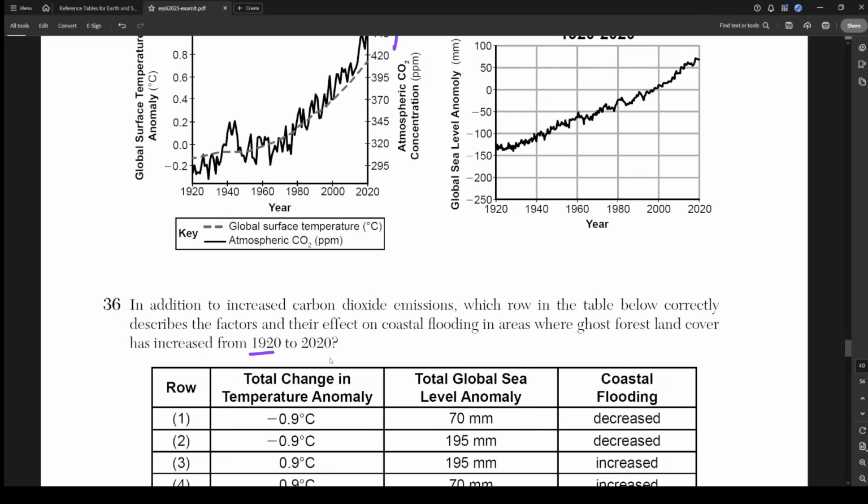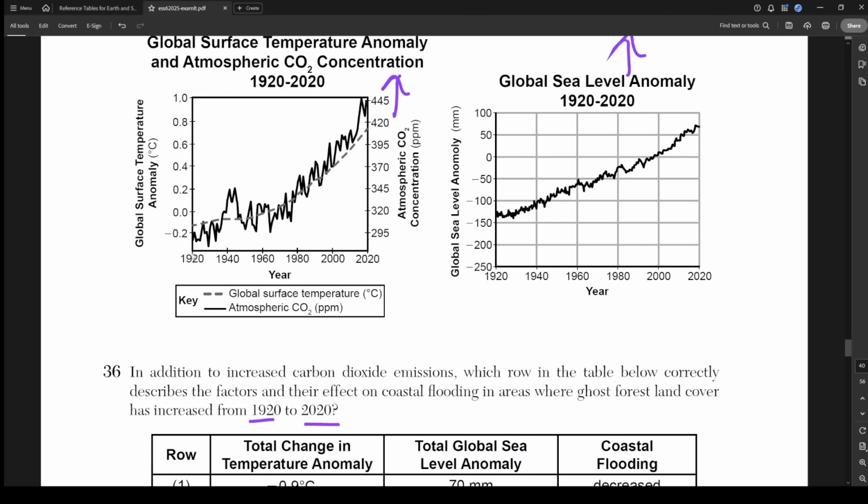So 1920 to 2020, let's see. 1920, we're negative 0.1, negative 0.3. And we're going to 2020, which is 445. So this pretty much increased by 445 about, because the negative 0.3 doesn't matter. It's negligible.